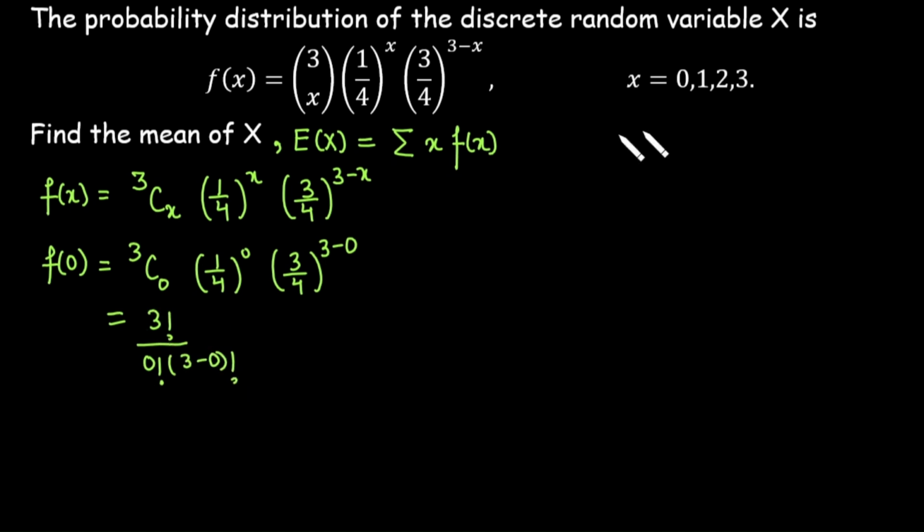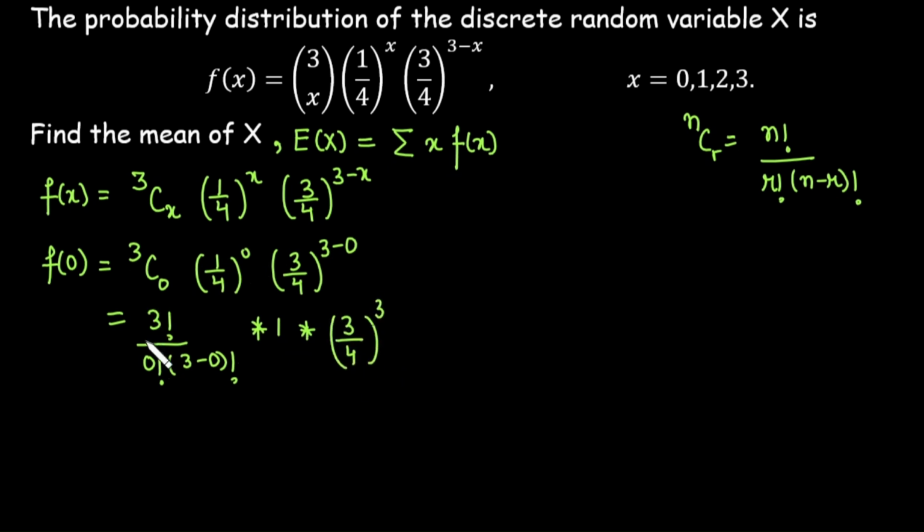The general formula for nCr is n factorial divided by r factorial into n minus r factorial, and 0 factorial in this case is 1. 1 by 4 raised to power 0, anything power 0 is 1, and in this case it is 3 by 4 cube. Simplifying this, you will get a 1 here, and f of 0 we are getting as 3 by 4 cube.